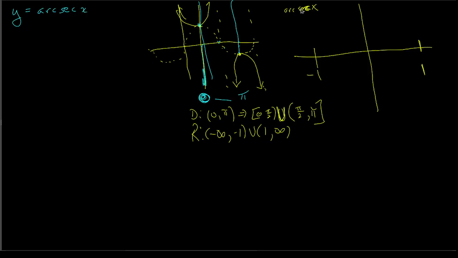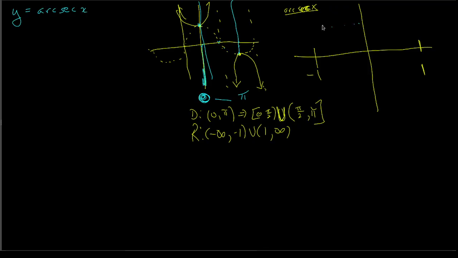So the arcsecant of x here. And so it's going from negative infinity to 1. And at negative 1, notice here, at negative 1, it comes down towards negative infinity. Well, it's emerging from pi over 2.